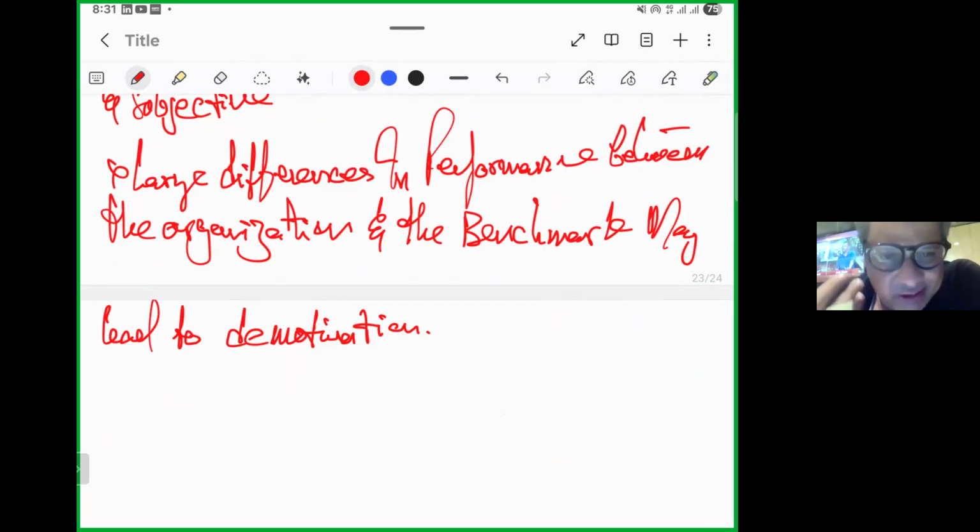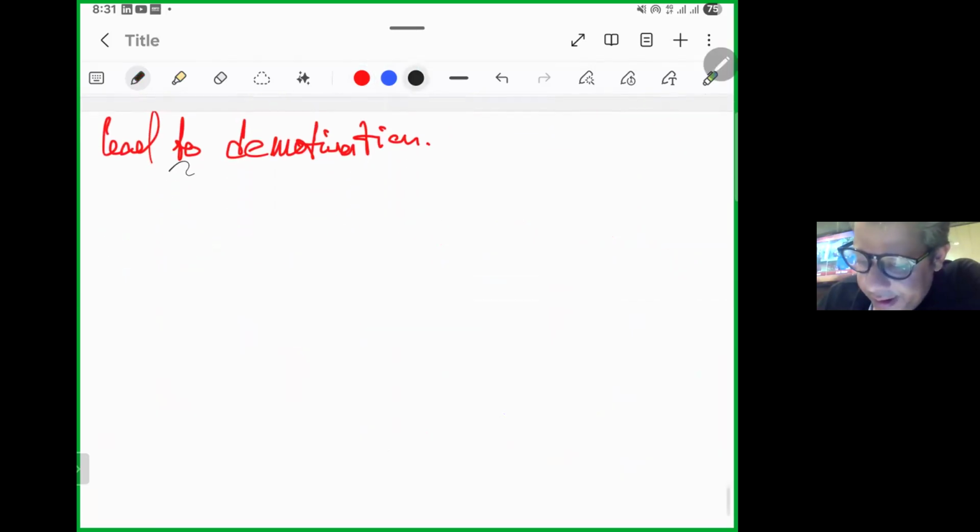Now we have stages in the benchmarking project. So let us discuss the stages.